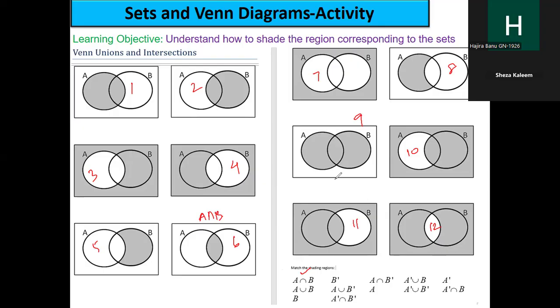Everything is shaded except B. In this one B is shaded. So, do you still say that B complement is 11? The intersection is also there. That's why it's not. So, what is the other choice?